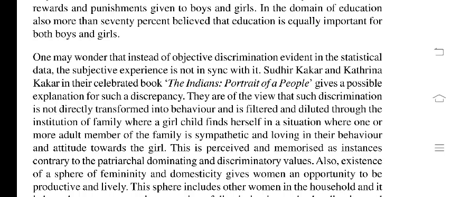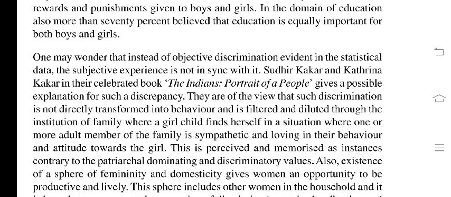One may wonder why, despite the objective discrimination evident in the statistical data, the subjective experience is not in sync with it. Sudhir Kakar and Katharina Kakar, in their celebrated book The Indians: Portrait of a People, give a possible explanation for such a discrepancy.